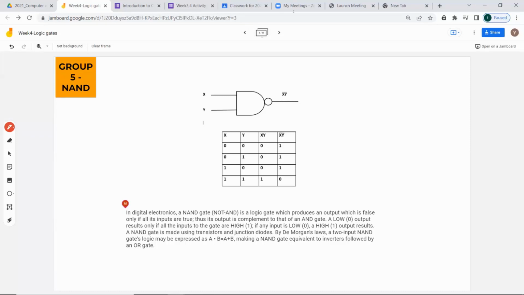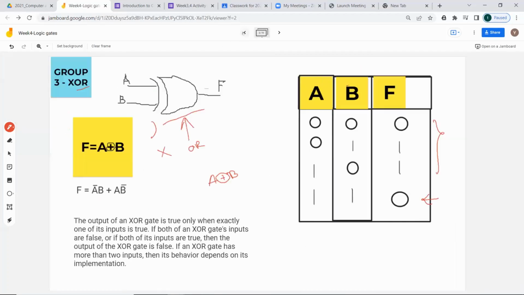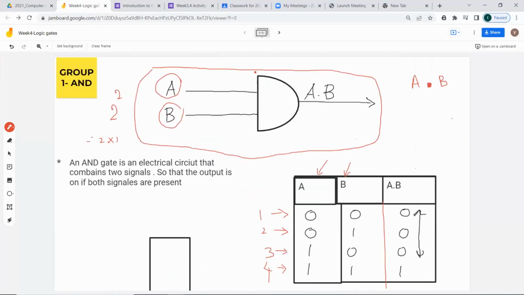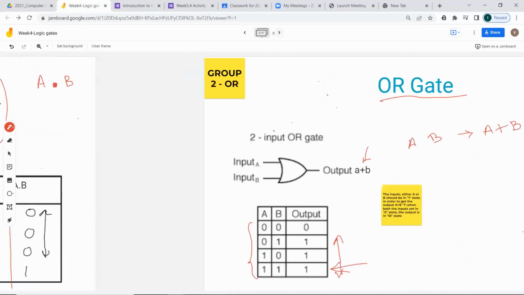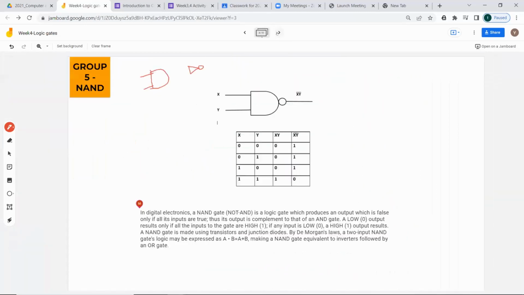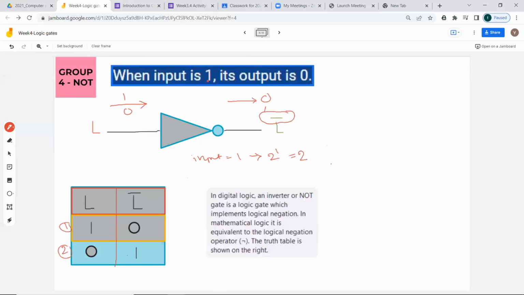Thank you, ma'am. Thanks. So here again we have a composition of 2 gates. I think you are all aware of the AND gate now, right? And you know about the NOT gate. If I go back to the AND gate, see, this is AND and here you have NOT.